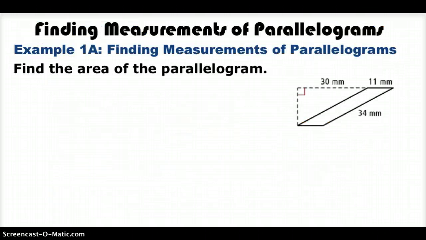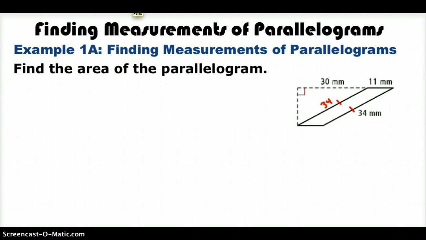It tells us to find the area of the parallelogram. So when you look at the parallelogram, it looks like it has a base of 11. It's got one side length of 34, which I guess would mean that this side length is also 34. So maybe it might be important to write that down.